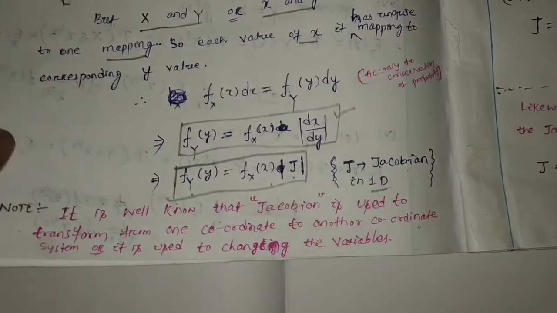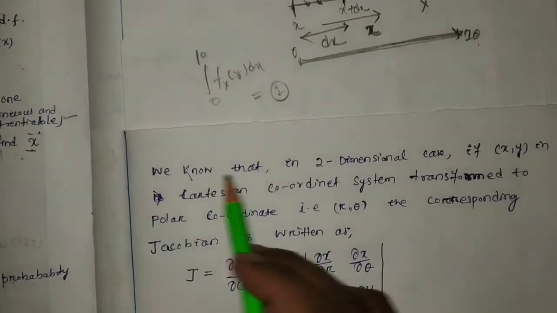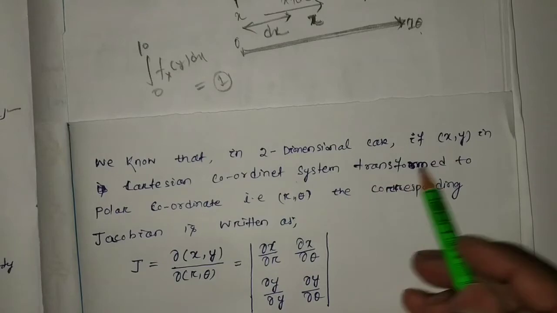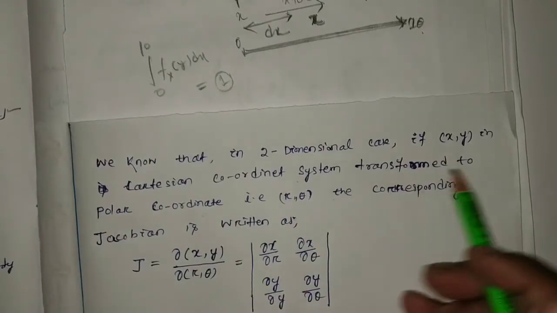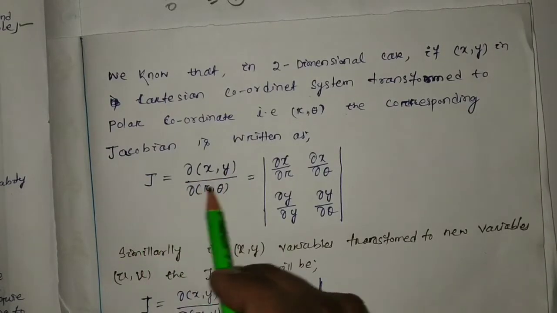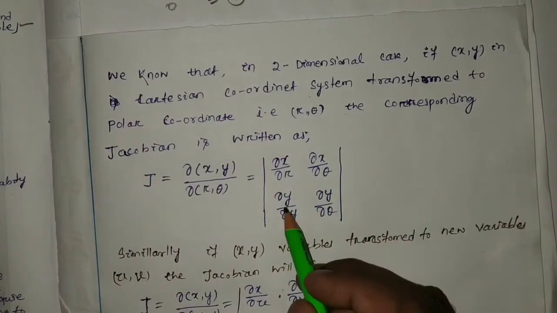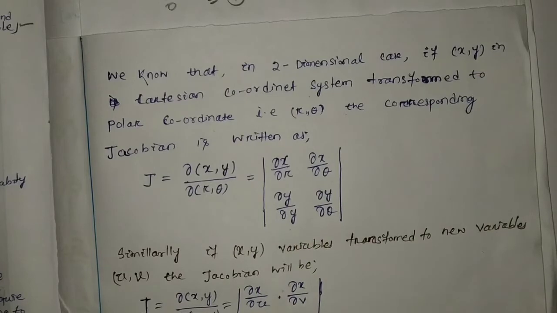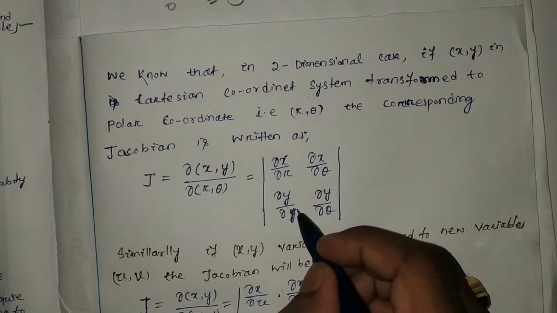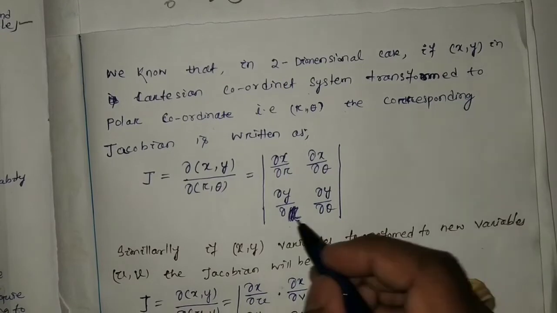In the two-dimensional case, if x, y in the Cartesian coordinate system are transformed to polar coordinates r, theta, the corresponding Jacobian is J equal to del x y by del r theta, the matrix of del x by del r, del x by del theta, del y by del r, del y by del theta. This is r.